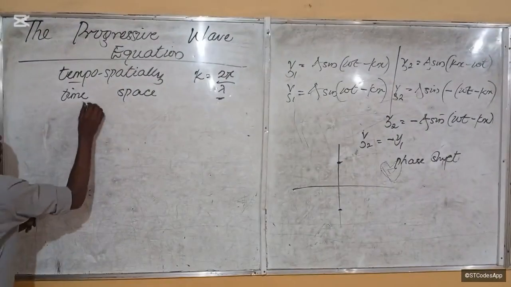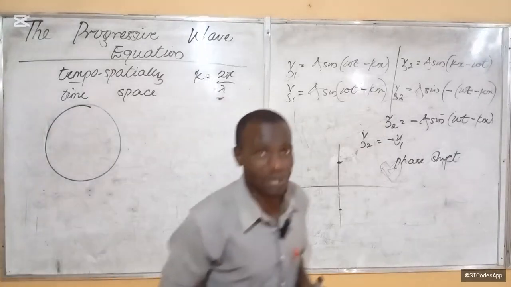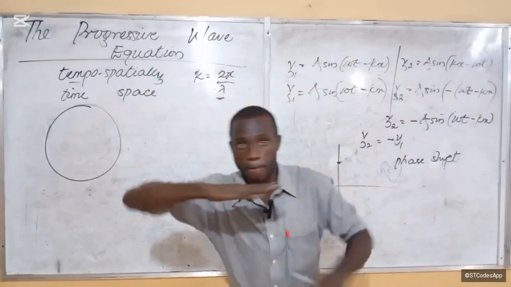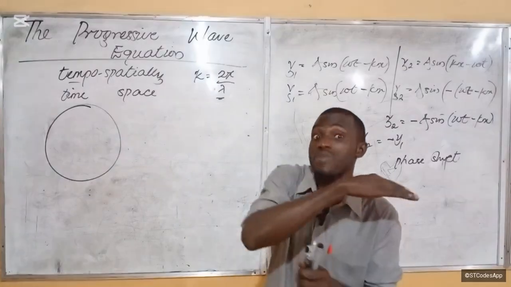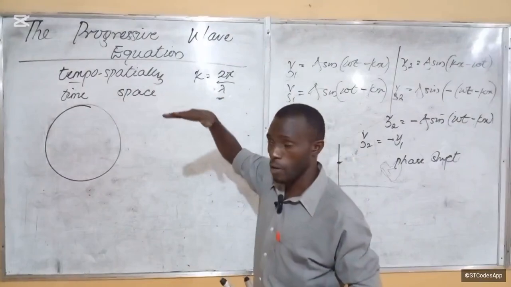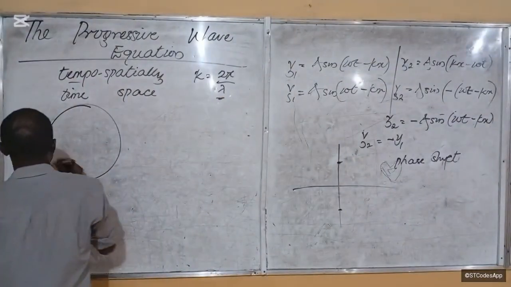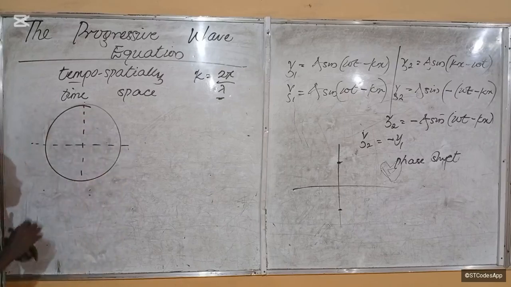Now, for a particle moving in a circular path like this, if I wanted to define the vertical displacement from the point to which the oscillation is set, or from the x-axis, okay? What I'm going to do is set my x-axis like this, and my y-axis like this.